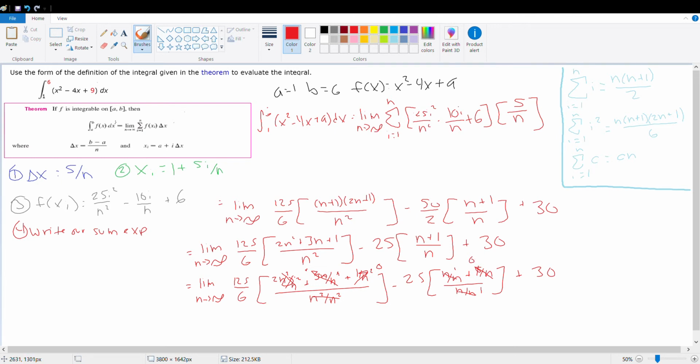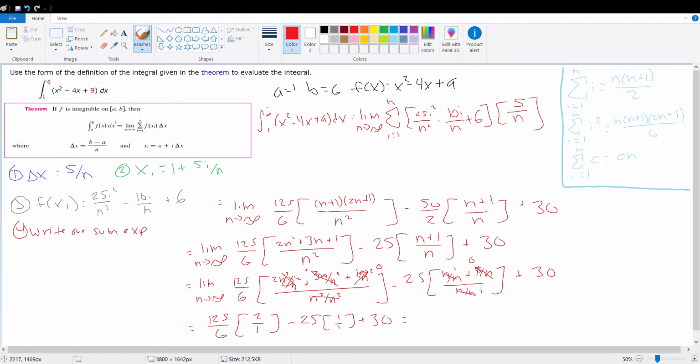So, our expression after evaluating the limit is 125 over 6, and remember, the 2 stays there, over 1, minus 25 times 1 over 1, plus 30. Alright?